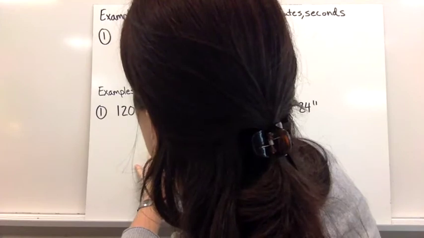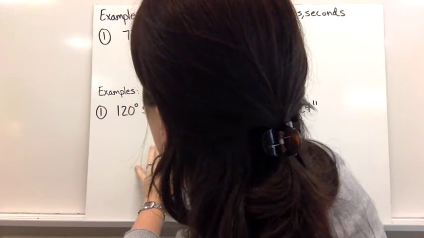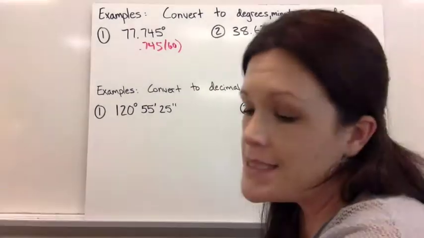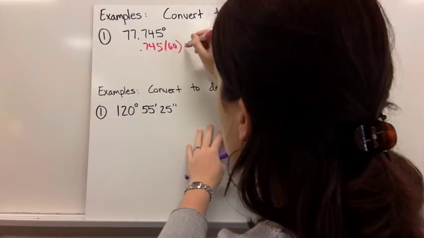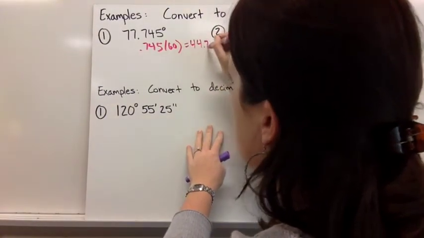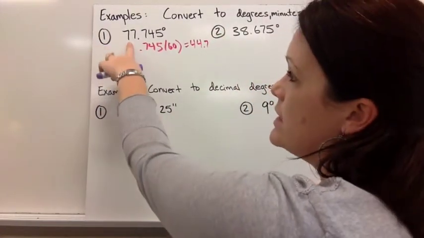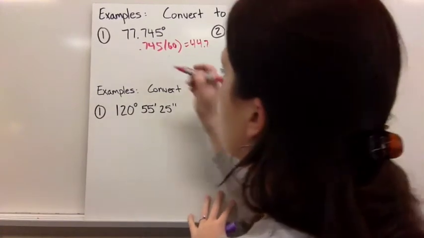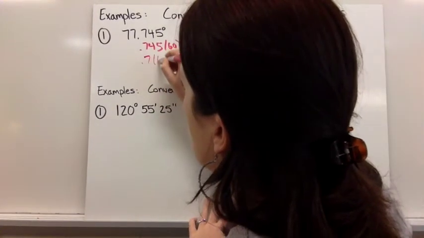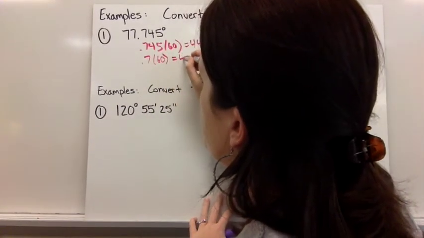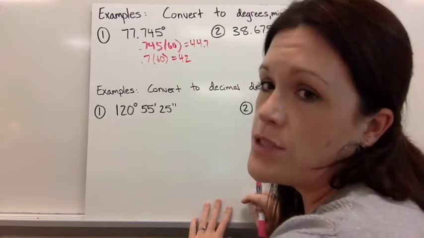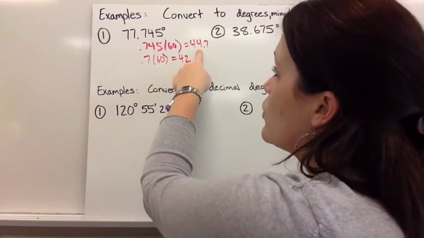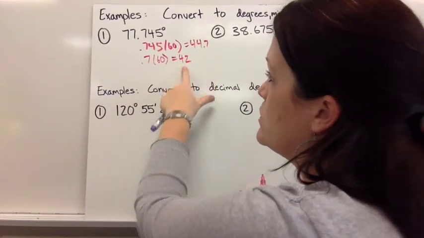When I multiply 0.745 by 60, I get the decimal 44.7. So far I know I have 77 degrees, 44 minutes, and then we take this leftover 0.7 and multiply by 60 again, and I get 42. So then I put my answer together. I have 77 degrees, 44 minutes, and 42 seconds.